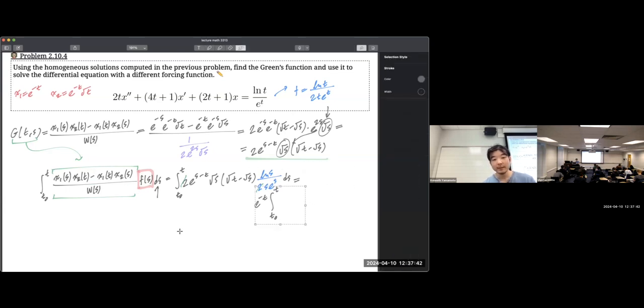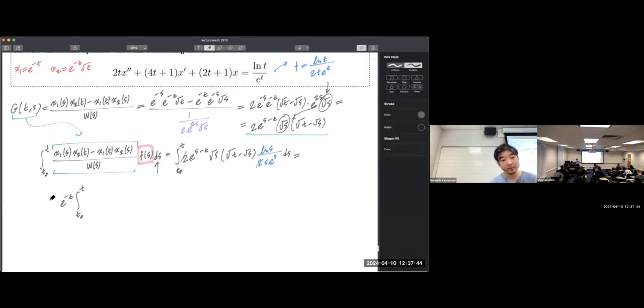Let's just go to a new line. Okay, the other thing you can do is cancel this e to the s with one of this e to the s up here, so we don't even have that anymore. So we have just s to the 1/2, I'm just writing it that way for the square root of s.